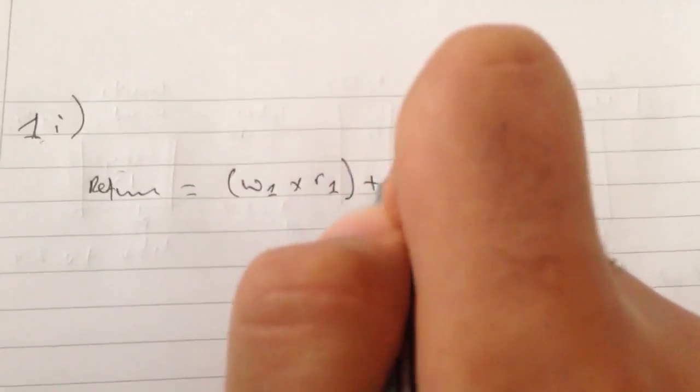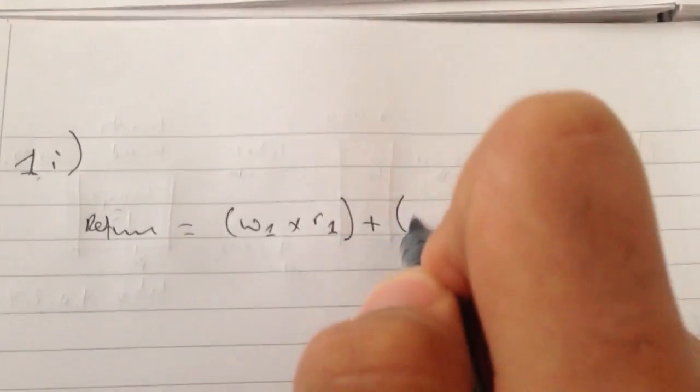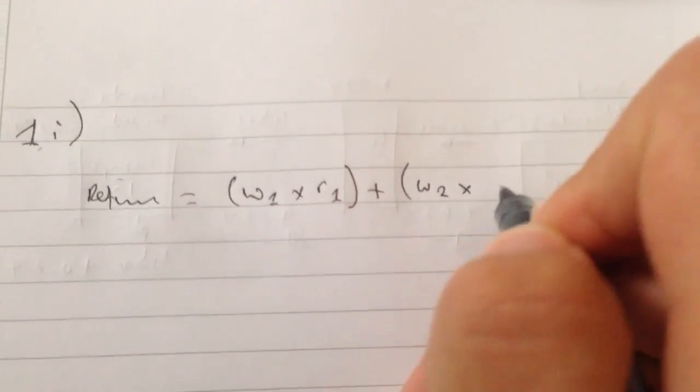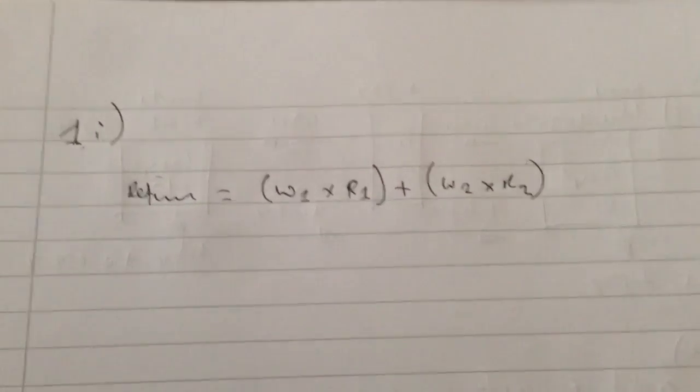So 1i, and then let's write down the return formula. Return equals weight 1 multiplied by return 1, plus weight 2, the weight of your second share, multiplied by return 2. That's your return.